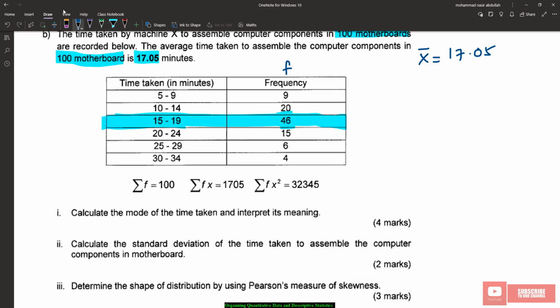And before we start, we take down the formula: L plus theta 1 divided by theta 1 plus theta 2, multiply with class size. So this is the formula, right? So lower class boundary of the modal class. Now in this class they don't give the class boundary.